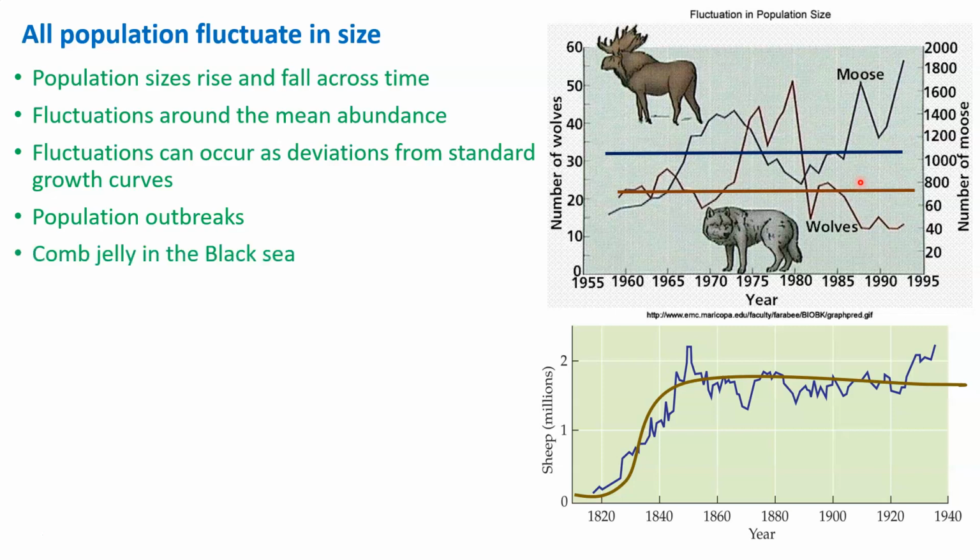Now population outbreaks are also another interesting phenomenon observed in wild populations. That can also be considered an extreme case of population fluctuations. Comb jelly populations in the Black Sea are an example of that.